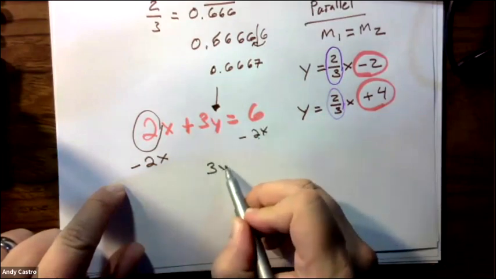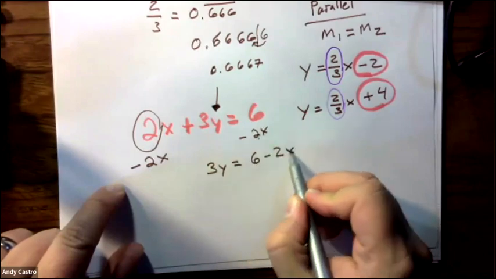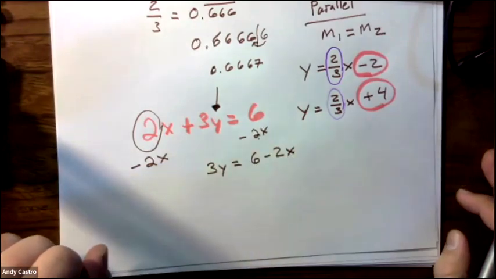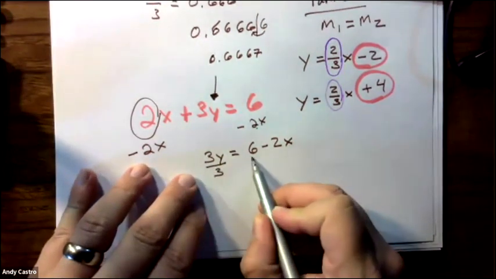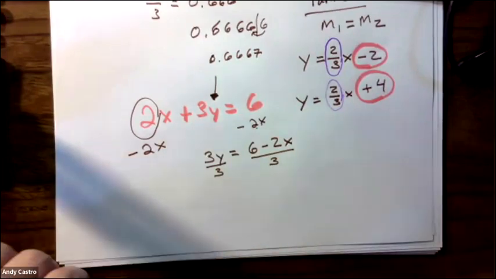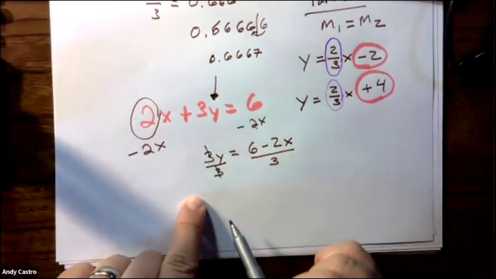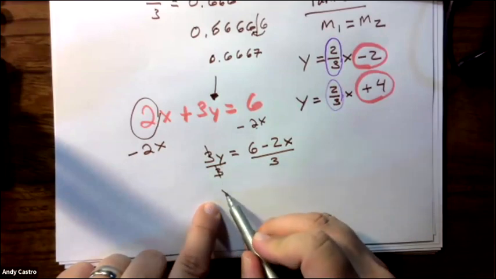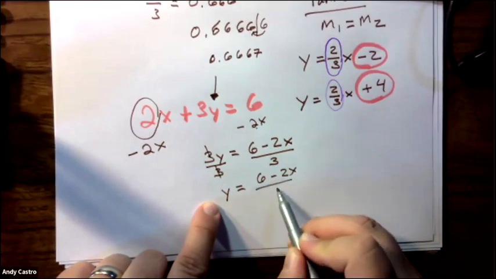So I have 3y is equal to 6 minus 2x. Okay? Then I'm going to divide both sides by 3. And the 3 over 3 here cancels. And I'm left with y is equal to 6 minus 2x over 3.